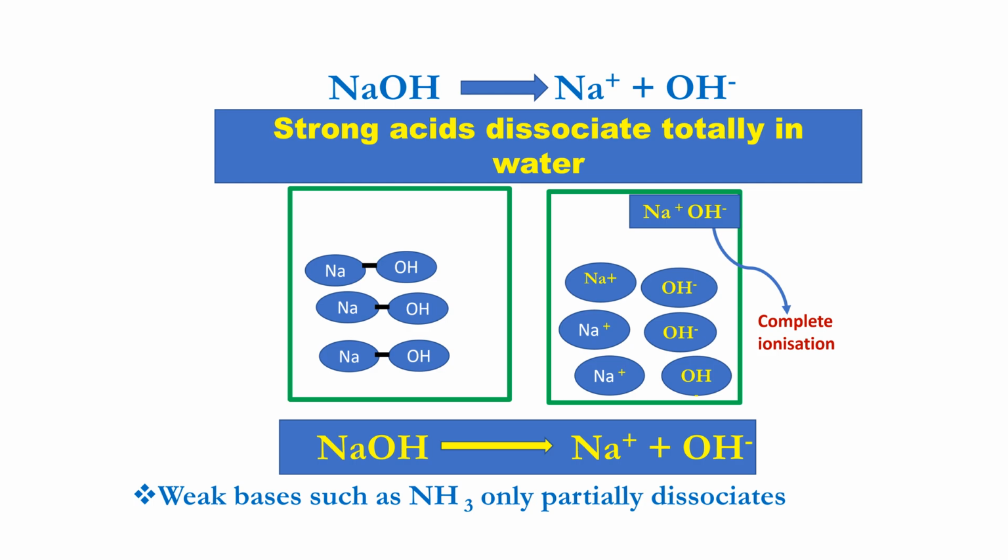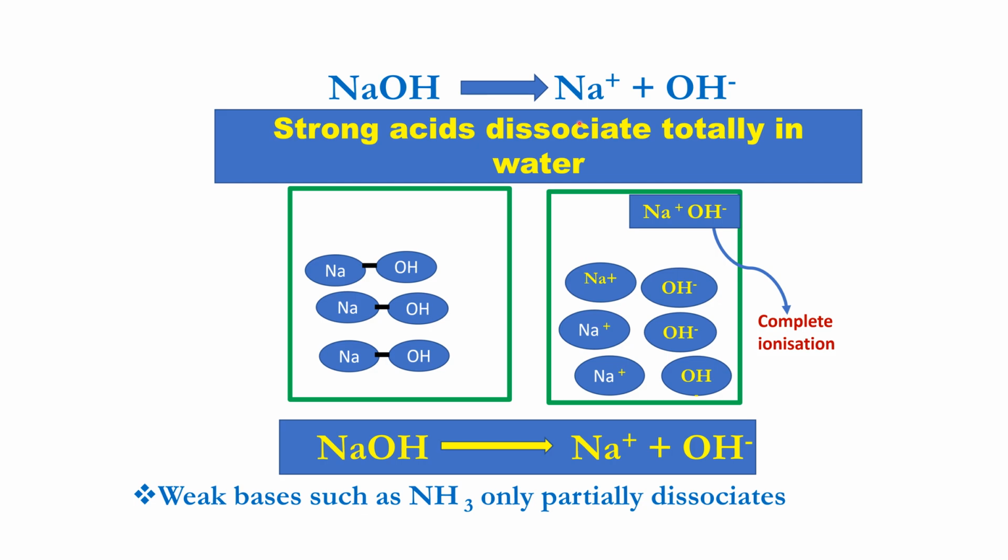So just like a strong acid, such as HCl, when a strong base dissociates, it separates fully into its constituent ions. So this is sodium hydroxide. When it dissociates, it will separate fully into its constituent ions, which are Na plus and OH minus. So this is an example of a strong base that dissociates and separates fully into its constituent ions.